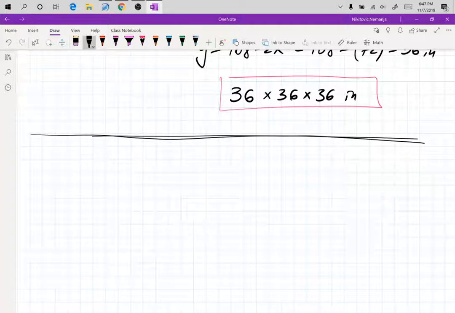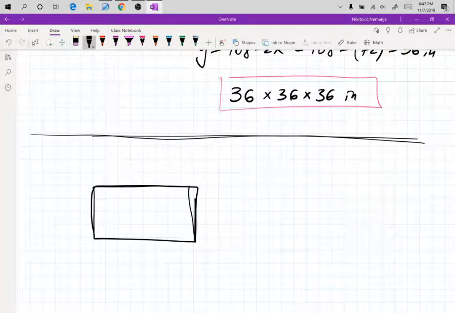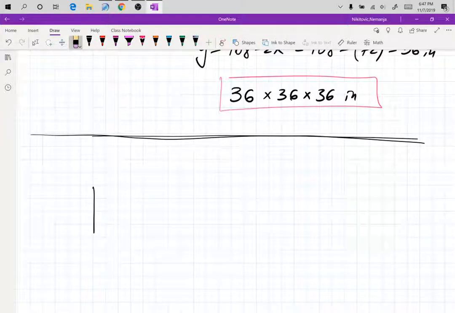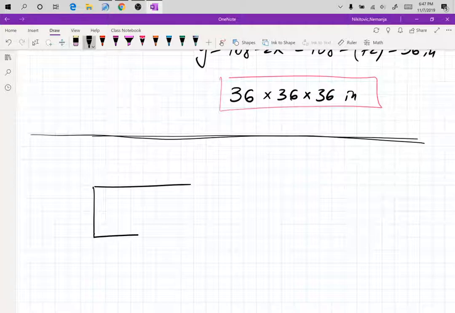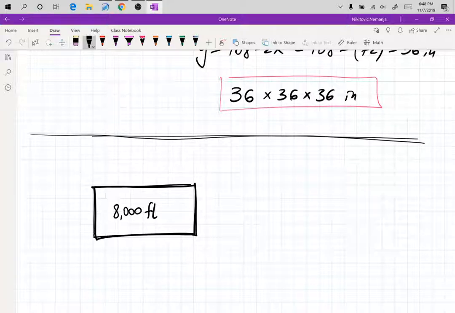Here is the problem, guys. You know the surface area of the pool you want to have. So let's say you want to have 8,000 feet squared of water, right?